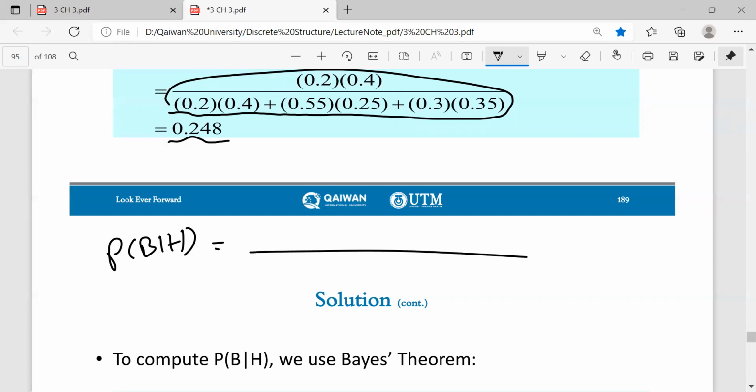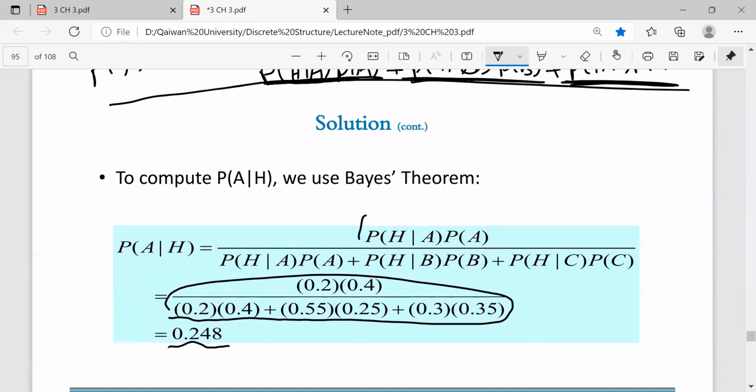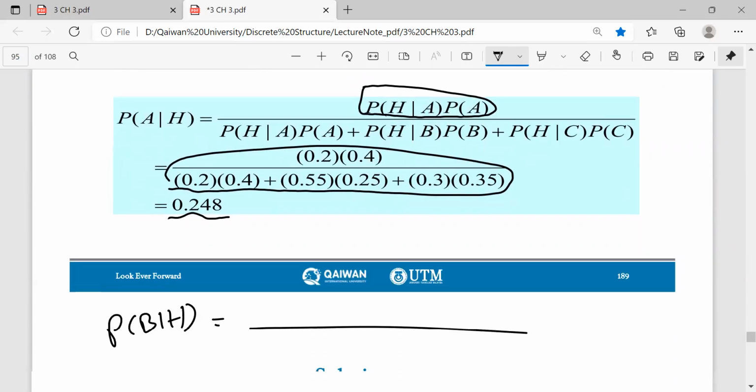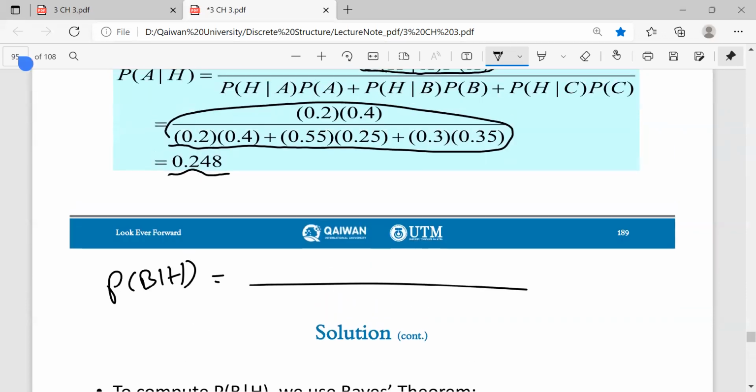it equals, we do the same, only the numerator is going to be changed. Here the numerator was the probability of H given A times the probability of A. Only that one is going to be changed. It becomes the probability of H given B times the probability of B, and the denominator is the same.